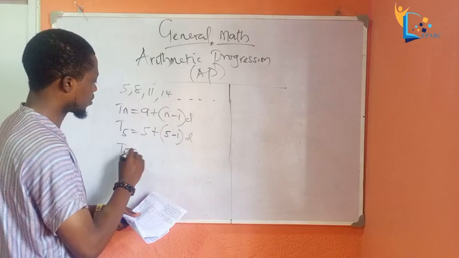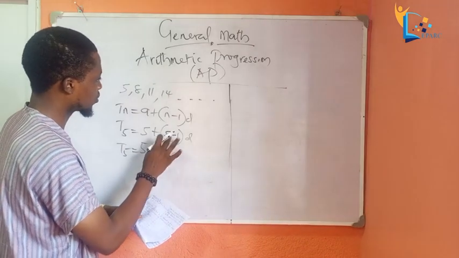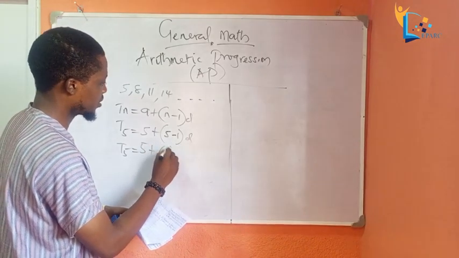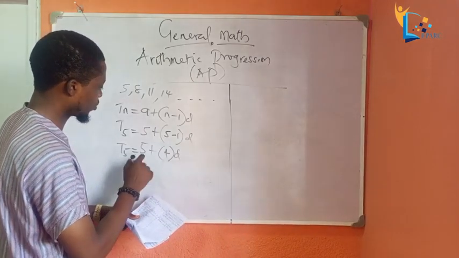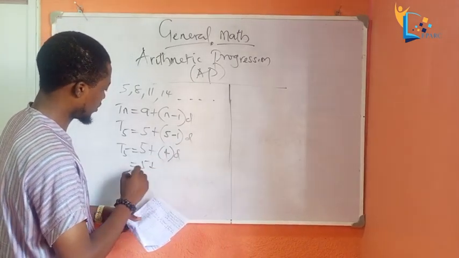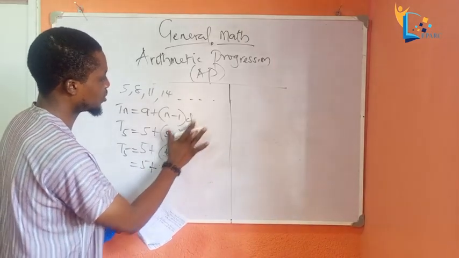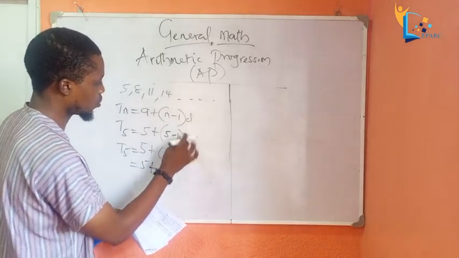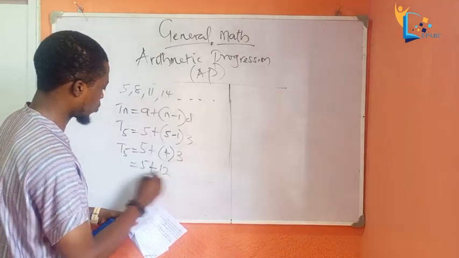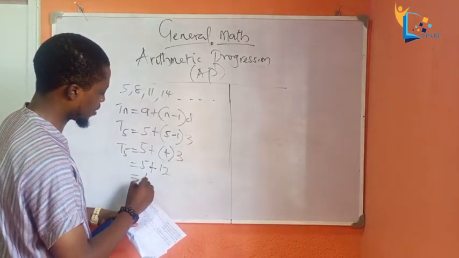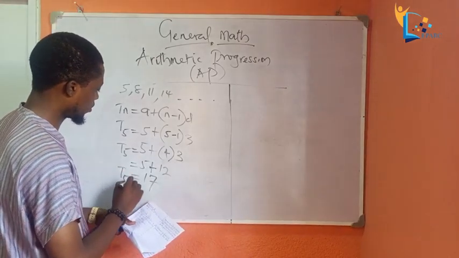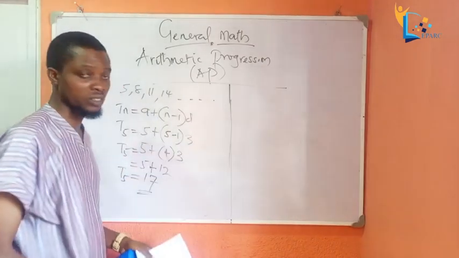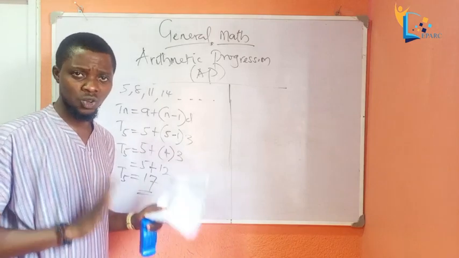So T5 is equal to 5 plus 5 minus 1, which is 4, times D. Sorry, the common difference is 3, not D. We have ascertained what D is. So 3 times 4 is 12. Then T5 is equal to 12 plus 5, which is 17. So T5 is equal to 17. So the fifth term in this progression is 17. Are we following? Do you understand it?